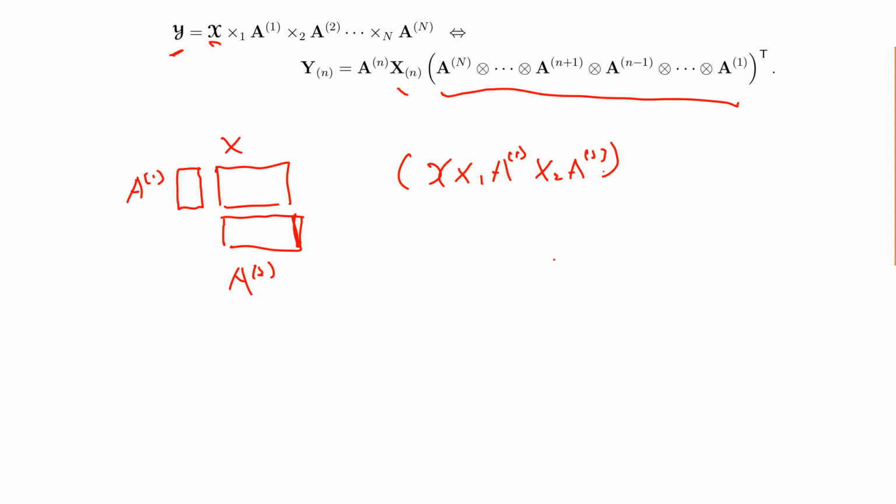I find this is easier to write here. Let me write it here. So again I have X, it's just a matrix now, times A1, maybe I just call it A, and then ×2 with B here.